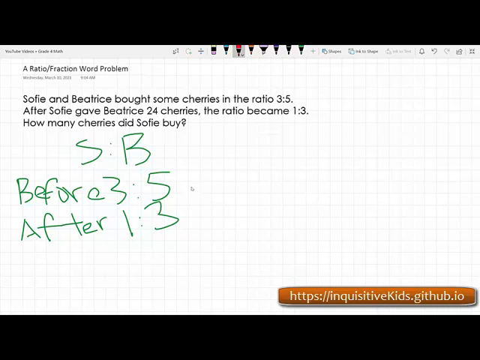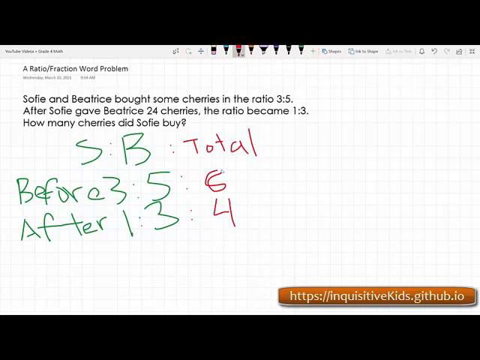So in 3:5, the total number of units is 8. And in the second ratio, the after ratio, the total number of units is 4.